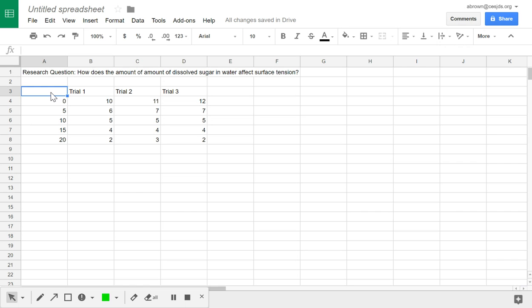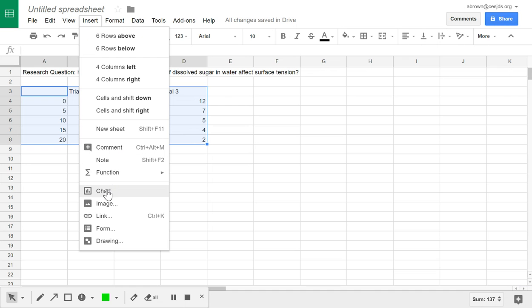So what I want to do is come over with my cursor and highlight just this number data. You'll notice I'm not highlighting my research question and I'm not highlighting a bunch of other empty cells. I'm just highlighting my data. And then I'm going to come up here to insert, and I'm going to insert a chart.